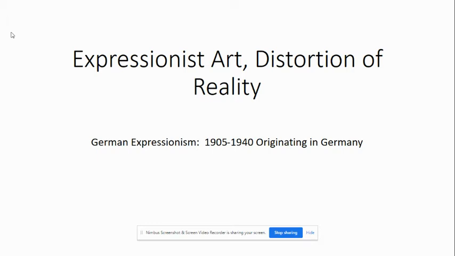Now, artists after this time can often be referred to as expressionist, or their artwork would be considered part of expressionism. But we're going to focus mostly to start with German expressionism, which started around the lead up to World War One, and ended kind of during World War Two.